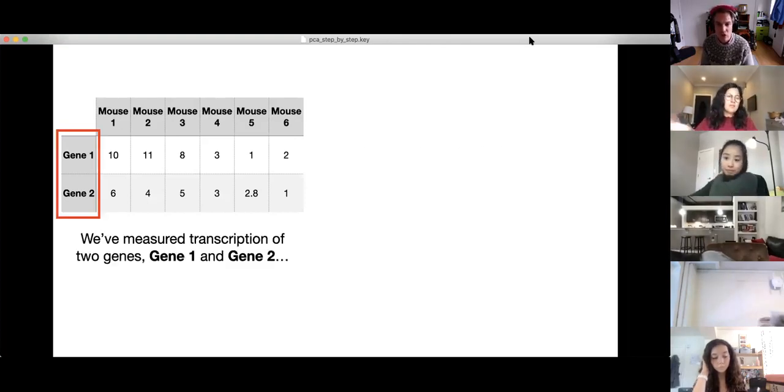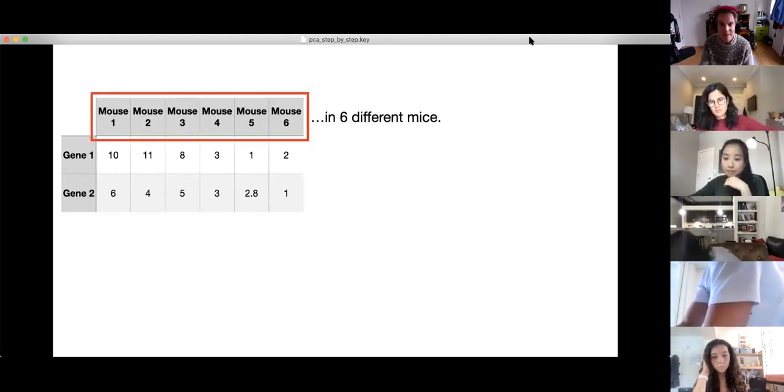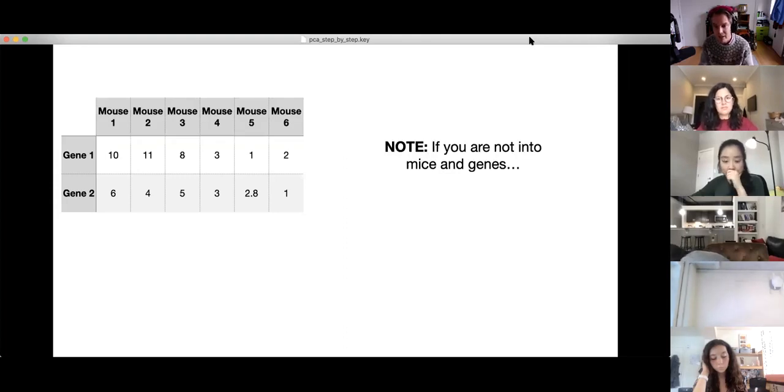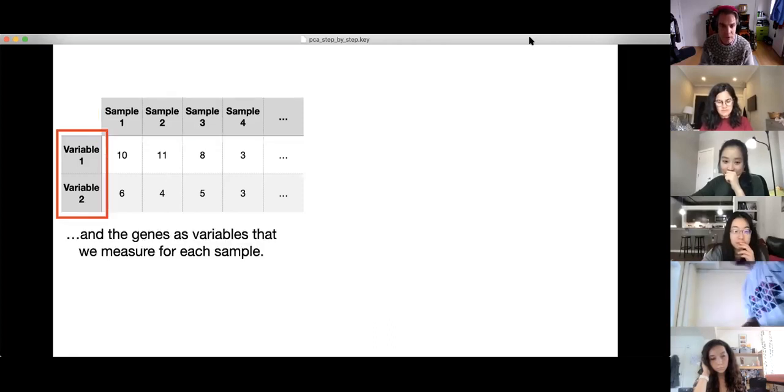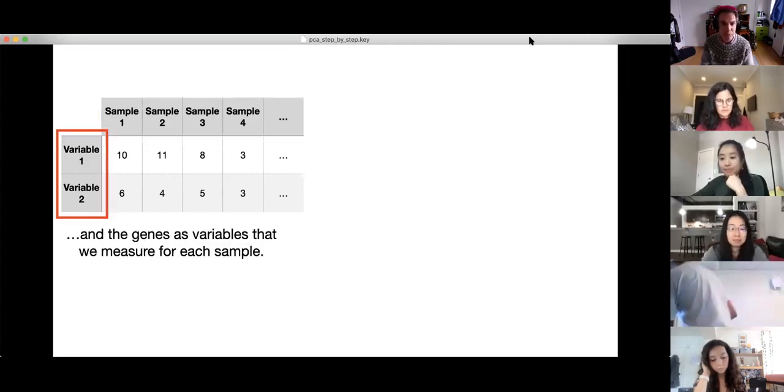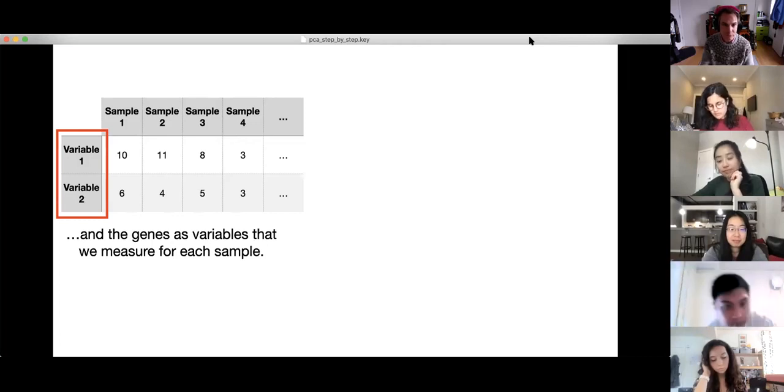We've measured transcription of 2 genes, gene 1 and gene 2, in 6 different mice. Note, if you're not into mice and genes, and I know a lot of people are not, I used to work in a mouse genetics lab, and so I used to be way into them. That was my thing. But some people aren't into mice and genes. So you can think of the mice as individual samples and the genes as variables that we measure for each sample.